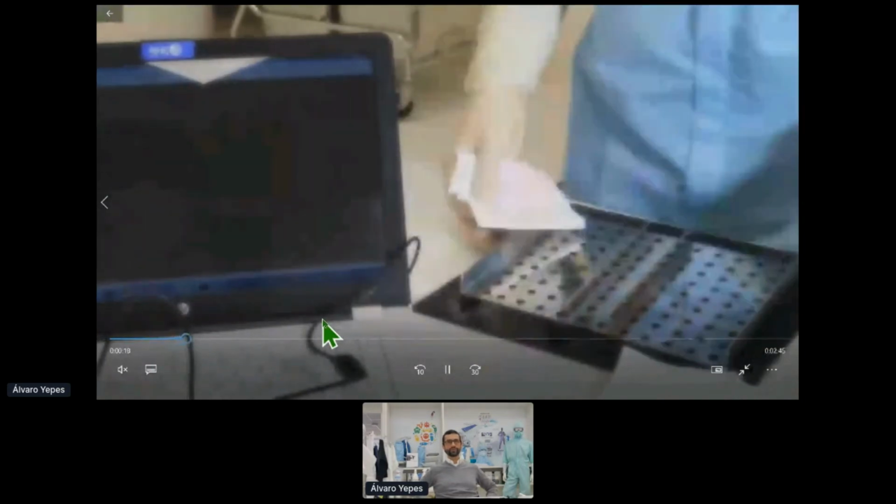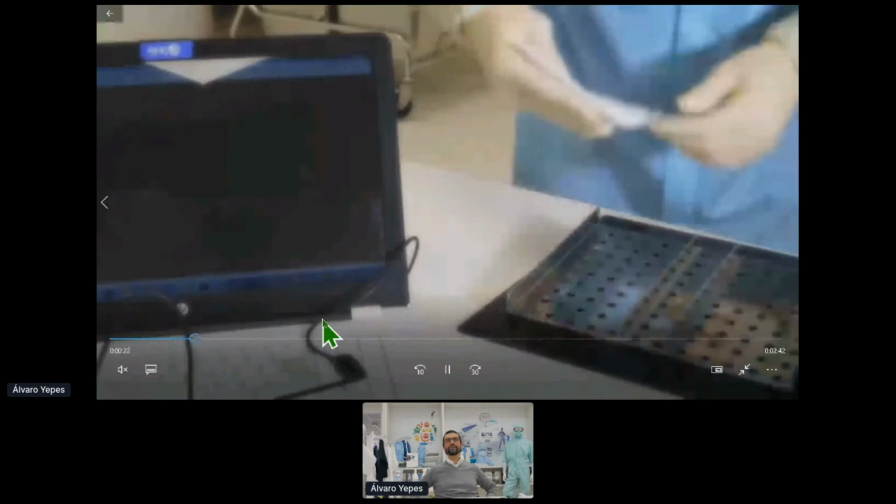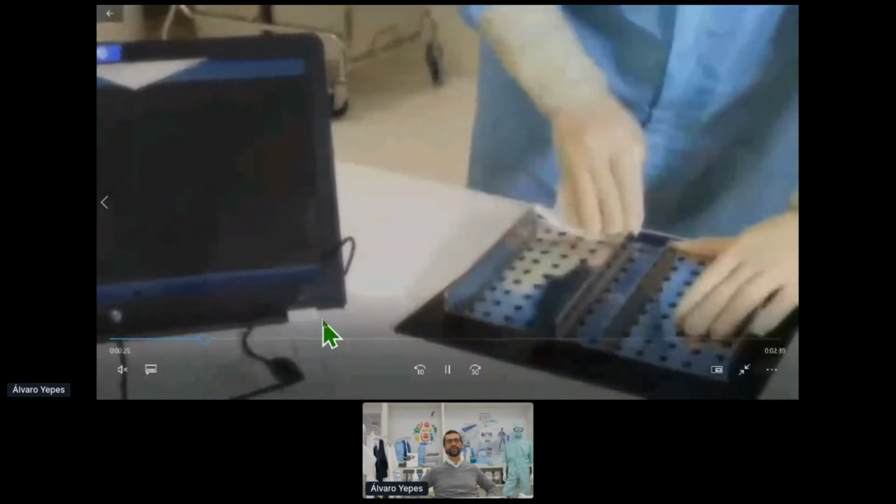Now we will do the wiping with a conventional material.